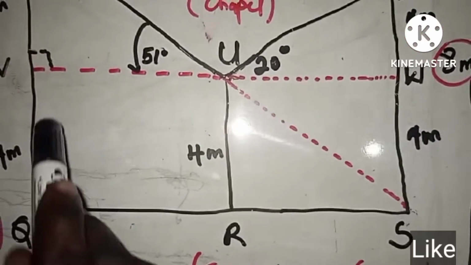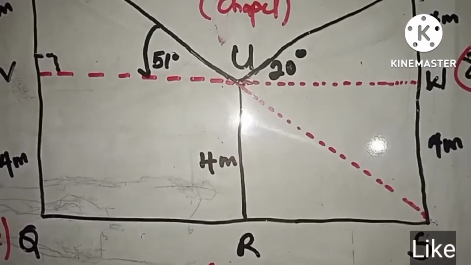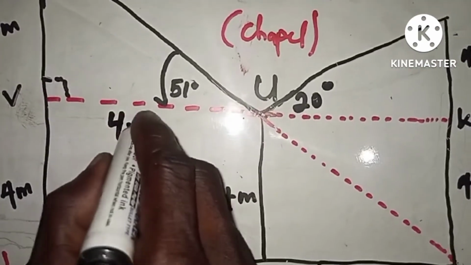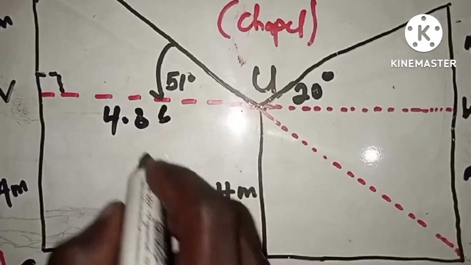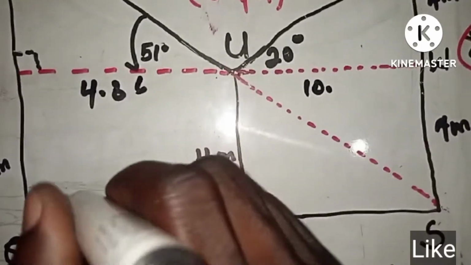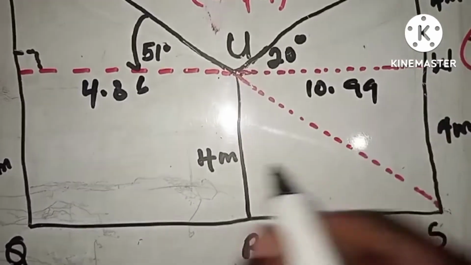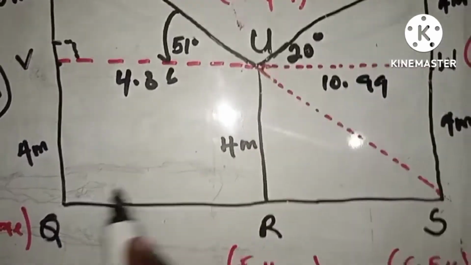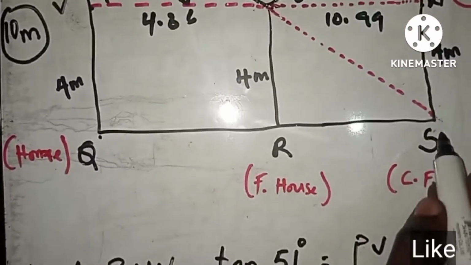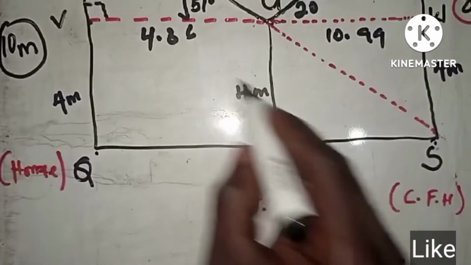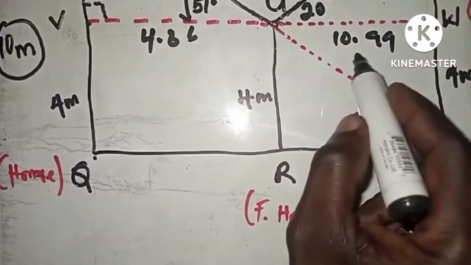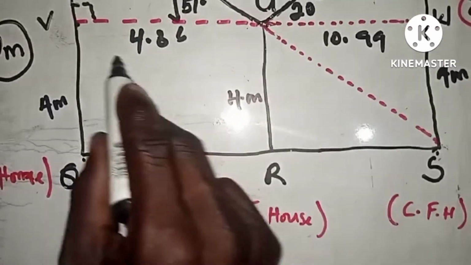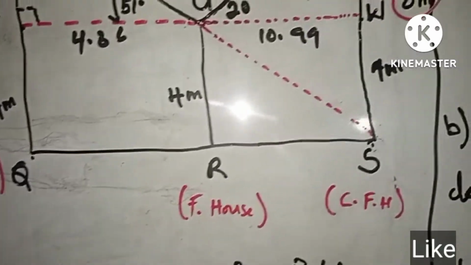So 10.99 meters. That is very, very simple. Here we already found that this should be 4.86, and then here was 10.99, right? This line here is the same line from your home to your childhood friend's. Can you see that? So if you combine this one and then this one, we are going to have the whole length from your home to your childhood friend's.